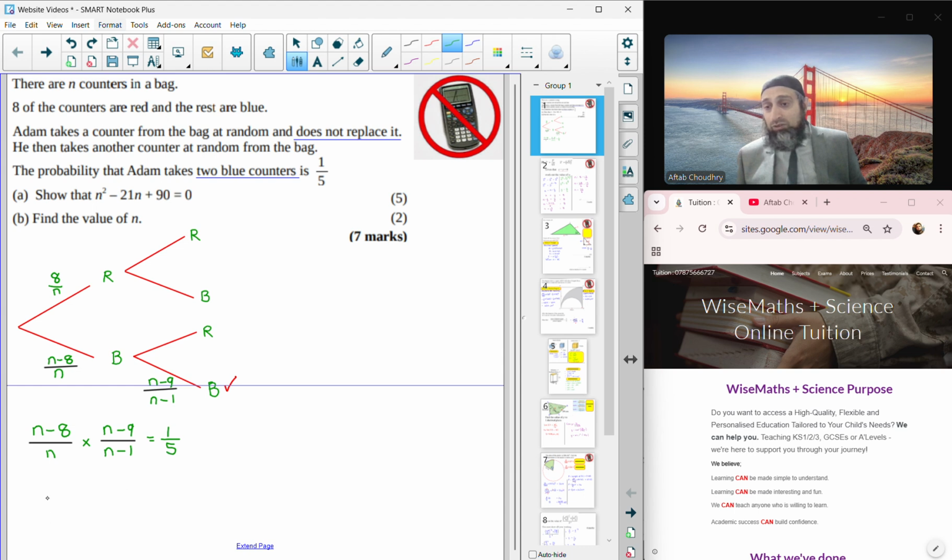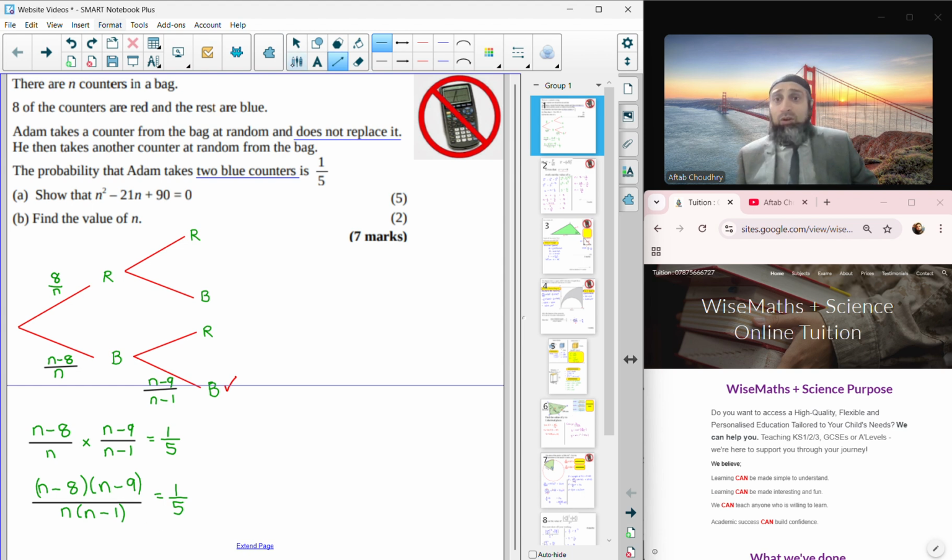Now we can get a common denominator. So you end up getting n minus 8 multiplied by n minus 9, and the denominator is going to work out to be n lots of n minus 1, and once again it equals 1/5. Now let's expand and simplify this, cross multiplying at the same time. You should end up getting n squared.